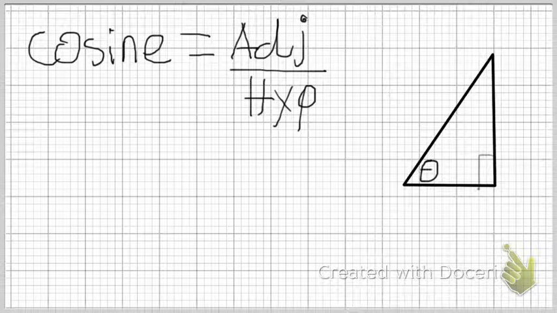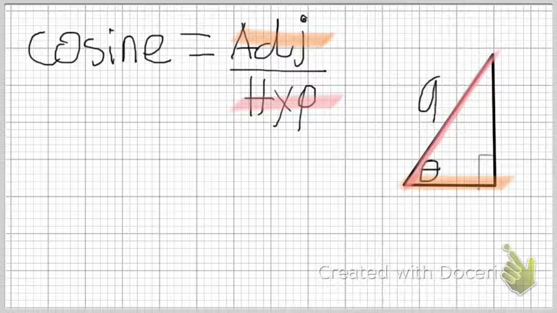So here's theta, and this is adjacent in orange. And the hypotenuse is the one in pink, that's the largest side of the triangle. So let's do the same, like this is 9, 3, 4.